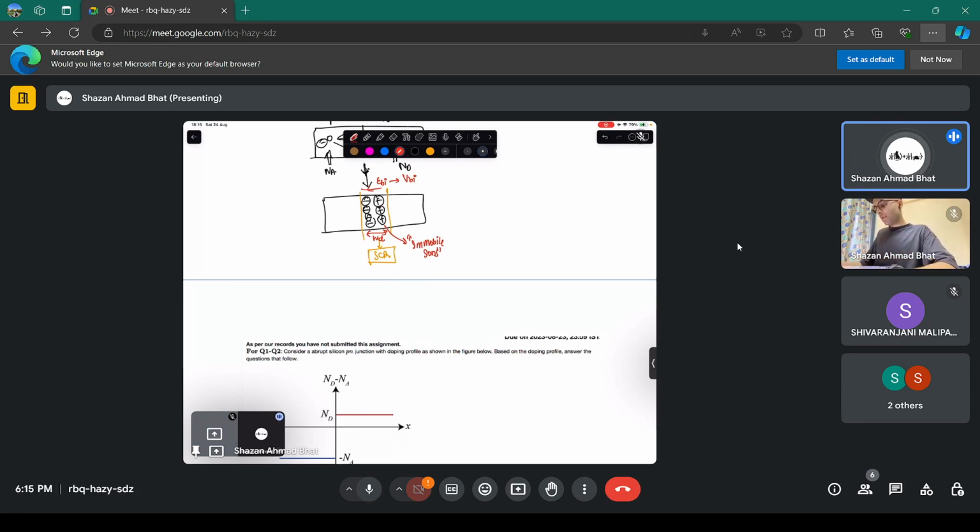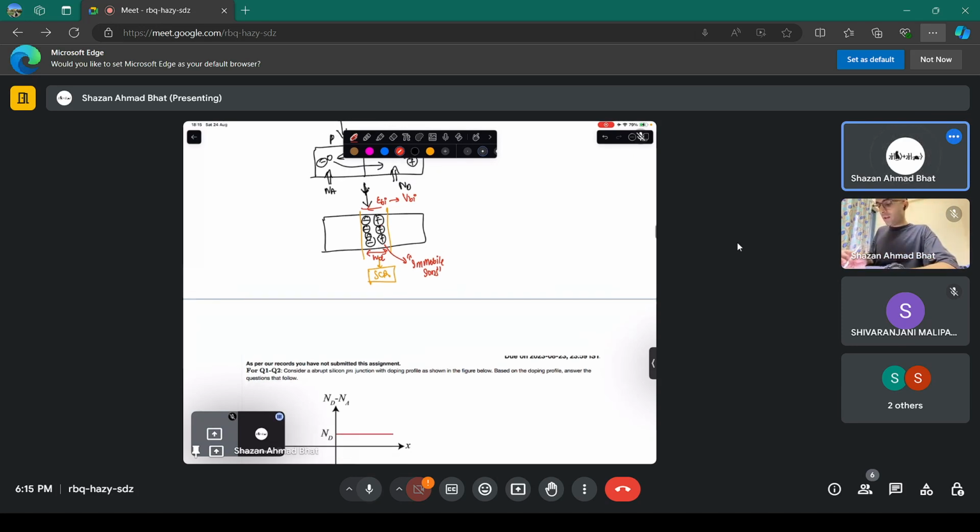And because of the built-in potential, instead of a flat band in the band diagram, you have a bend in the band diagram, because that is what the energy band diagram is representing: the electrostatic potential energy of an electron. When you draw like this, you are drawing the electrostatic potential energy of the electron on this axis, and a spatial dimension on this axis.